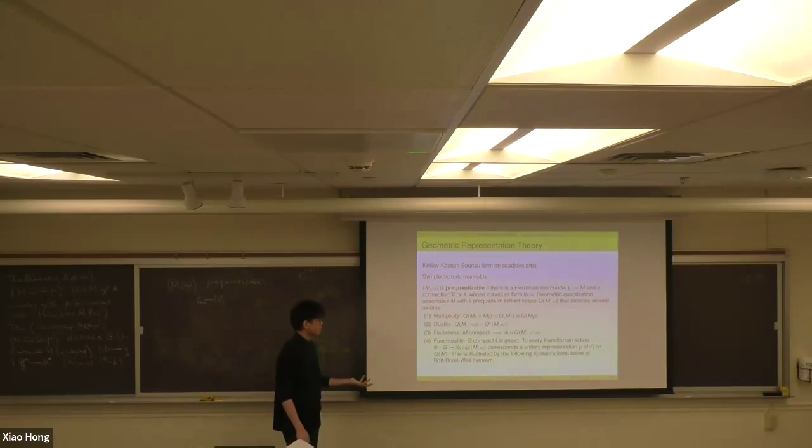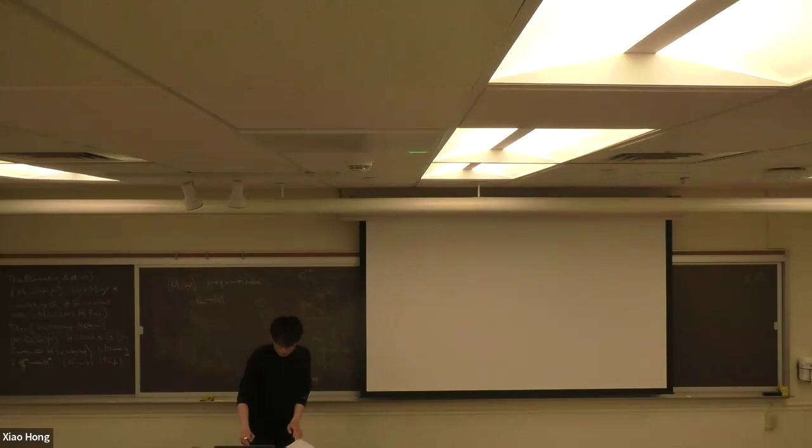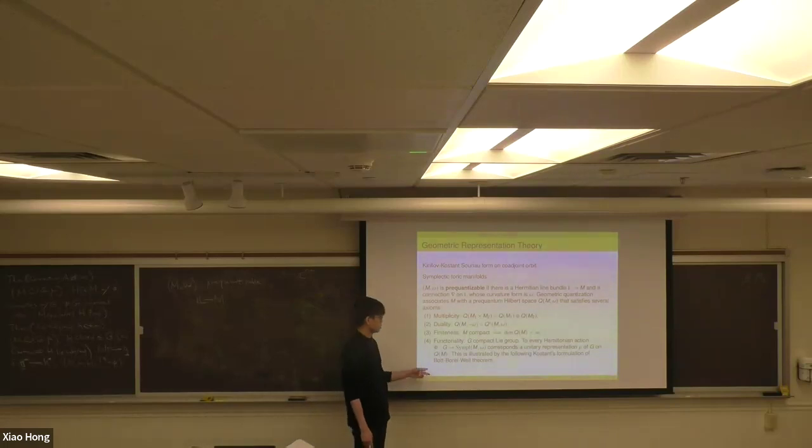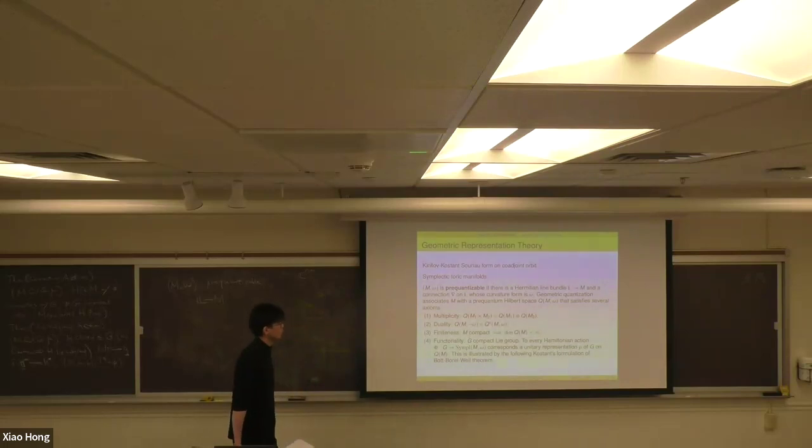These axioms are multiplicity, duality, finiteness, and functoriality. These are natural algebraic arguments you can consider. And for the functoriality, this is an interesting one. For a compact group G, for every Hamiltonian G action, there is a unitary representation of G on the Hilbert space.